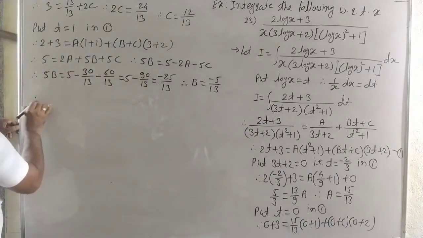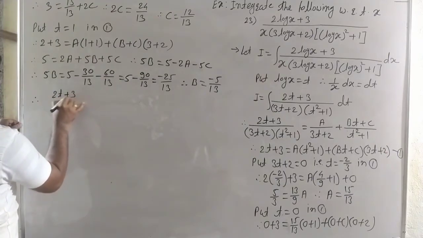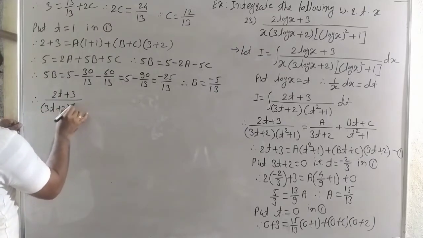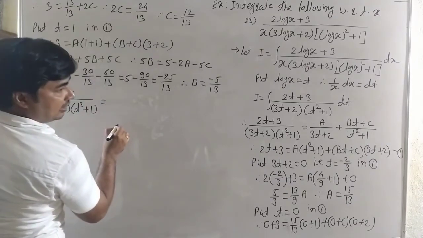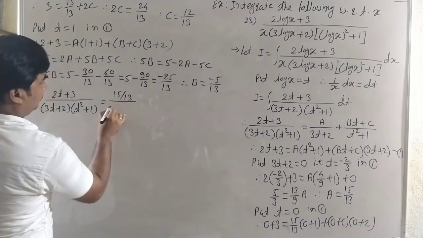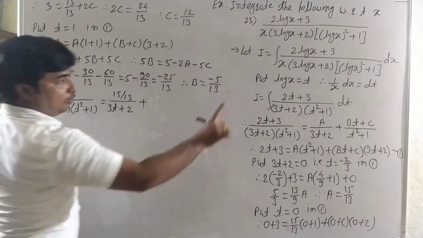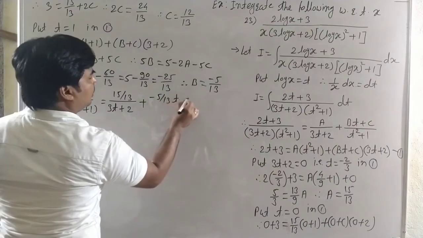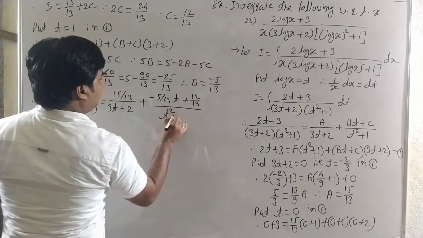So it is (2t plus 3) upon 3t plus 2 times (t square plus 1) is equal to a, it is 15 by 13 upon 3t plus 2, plus bt plus c, b is minus 5 by 13 t plus 12 by 13 upon t square plus 1.